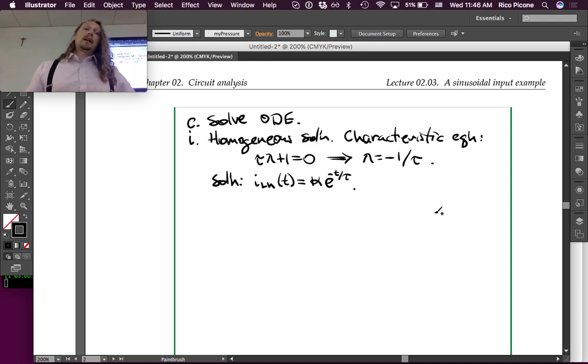So same homogeneous solution. It always turns out this way. You just got to know what tau is.